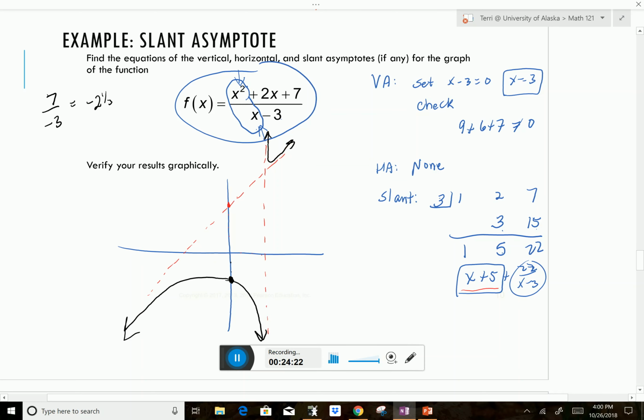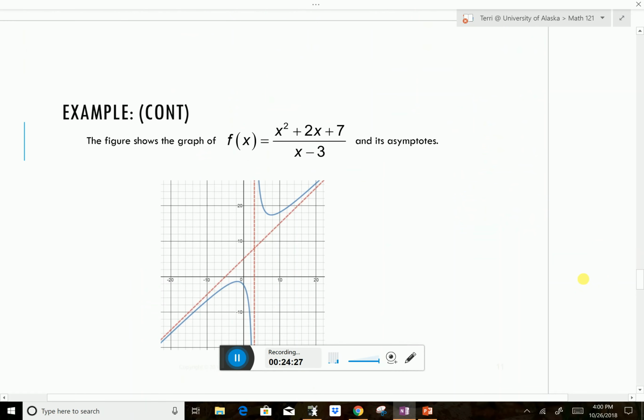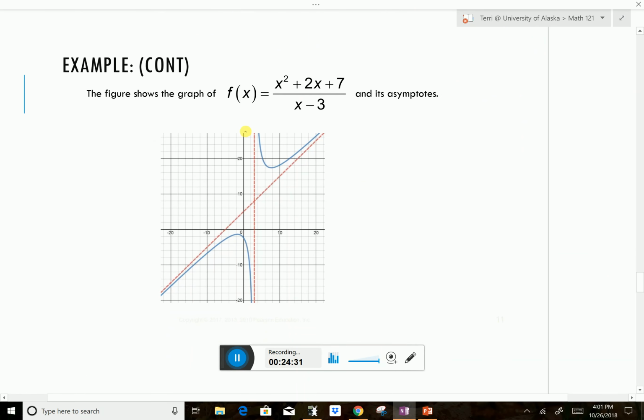So let's see what this looks like. This one is a little hard to see, so let's see what happens up here. There we go. This is stretched out a little, so you can see this is up to 25 and negative 22. When we stretch it out a little bit, we can actually see what's going on, and you can see that what I drew is just about right.